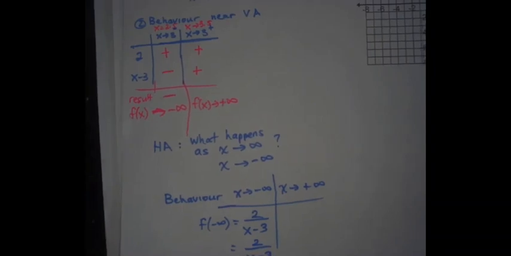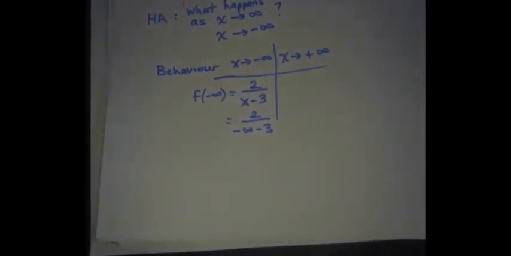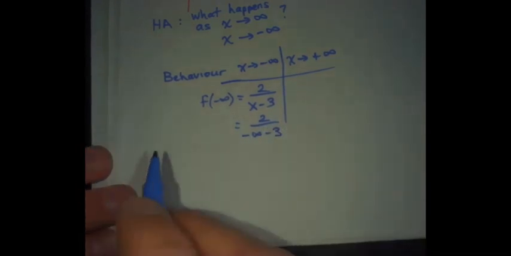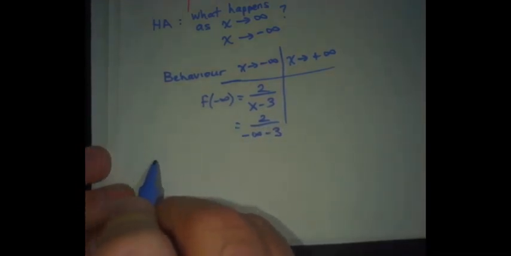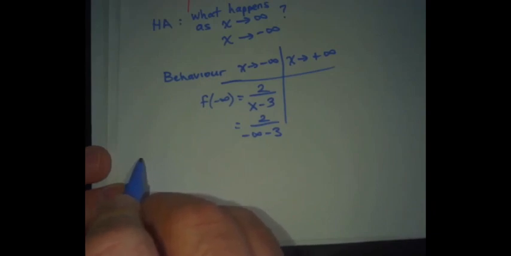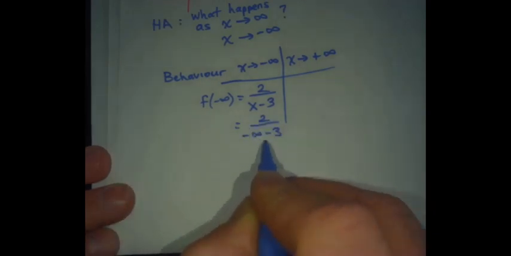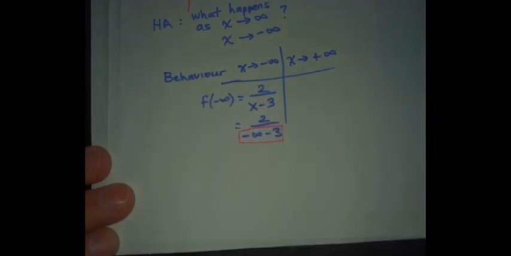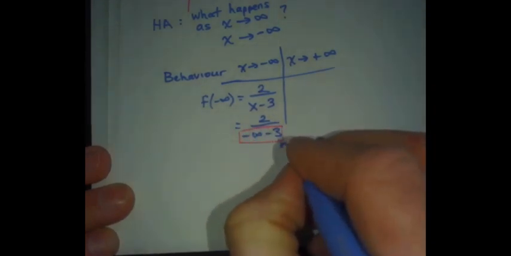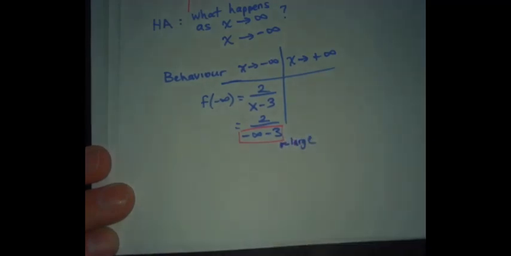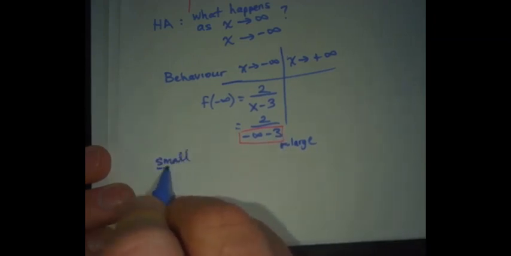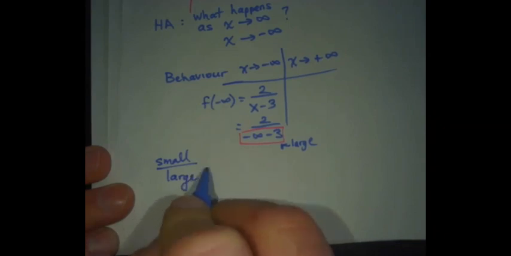Now, you're going to shake your head and say, what the heck? Well, here's the thing. The denominator is going to be a really large number. So the question is, what happens when we take a small number and divide it by a large number?